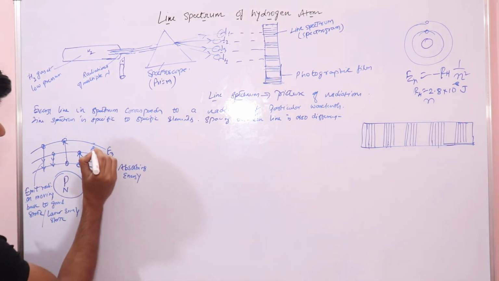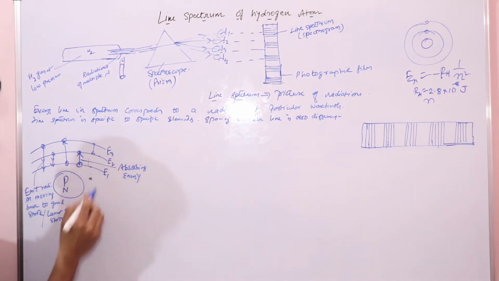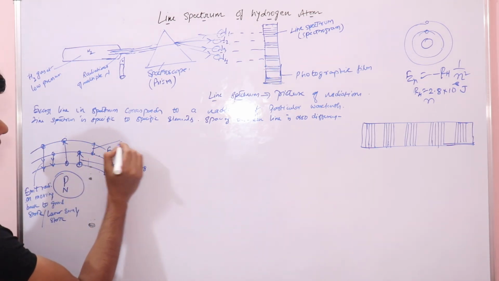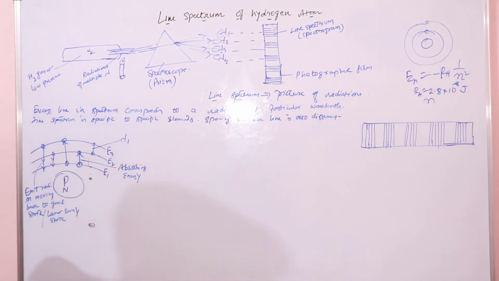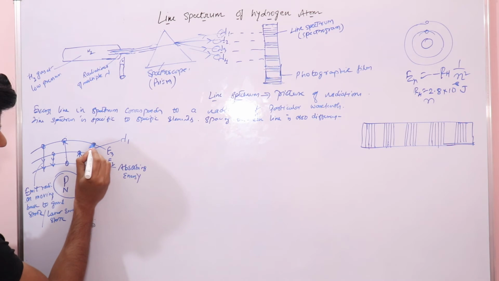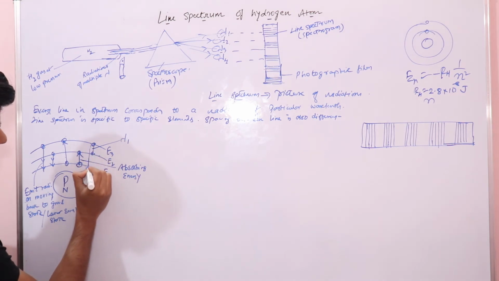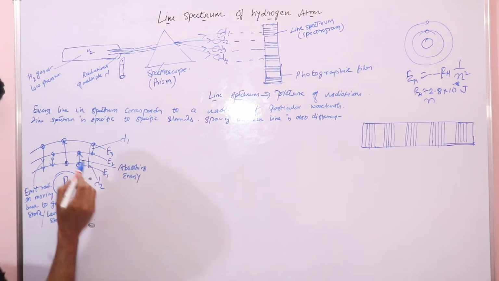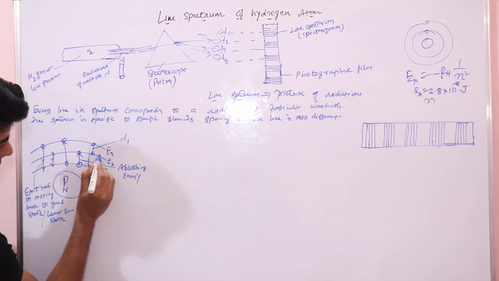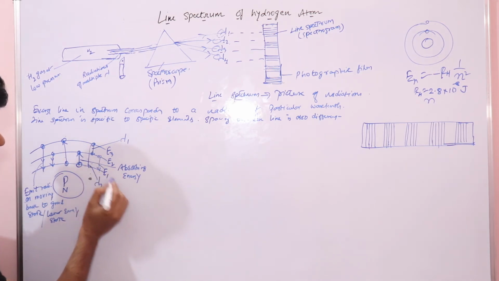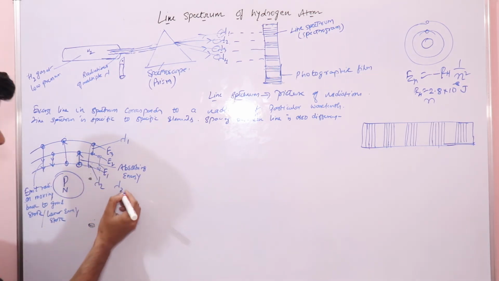So when the electron in E3 moves to E2, it will emit radiation of, say, wavelength lambda 1, and when the electron in E3 moves back to E1, it will emit radiation of a different wavelength. Similarly, when E2 moves back to E1, it will emit a different wavelength, right?